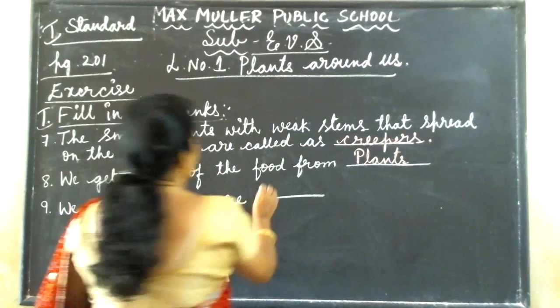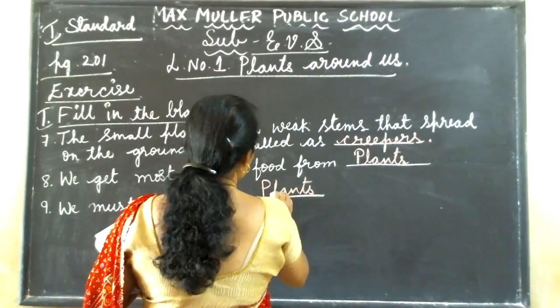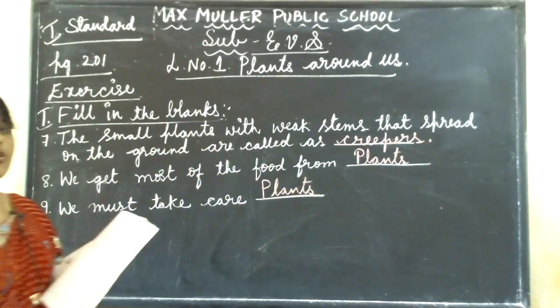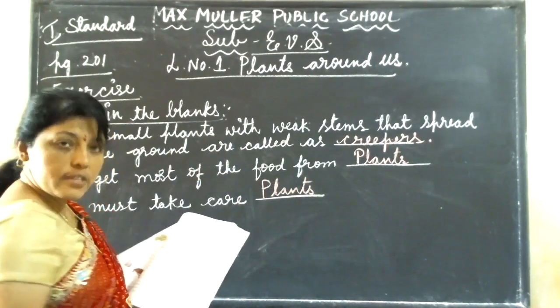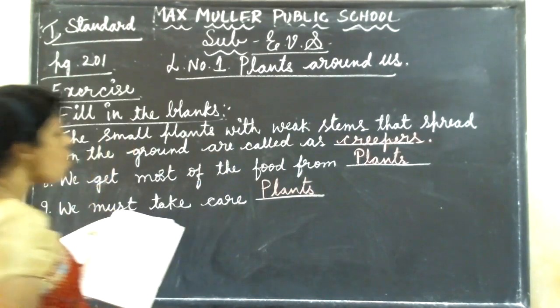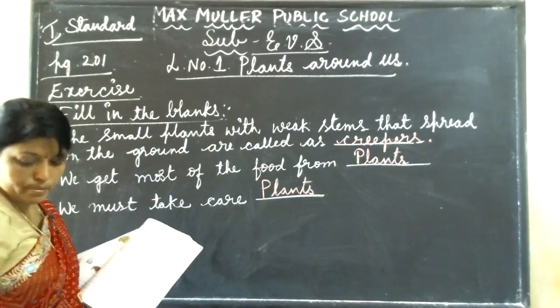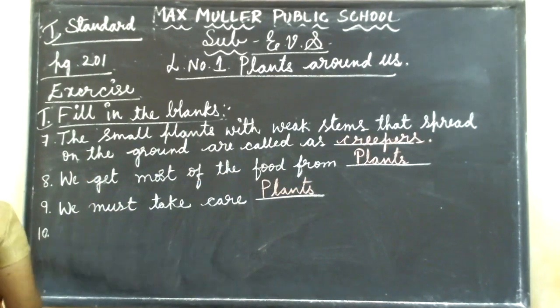Don't pluck unnecessary leaves and flowers from the plant, isn't it? From time to time we have to pour water to help the plant grow, isn't it, children? They are all God's gift, nature's gift. So we must take care of plants. Understood? Yes. Come to the tenth one.